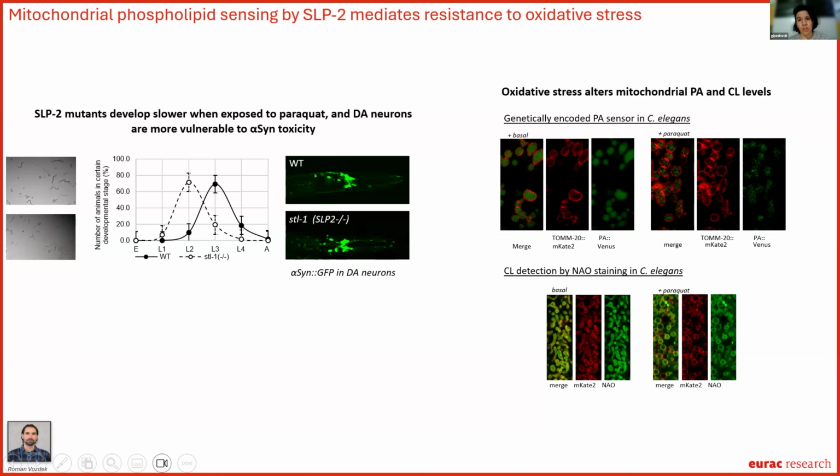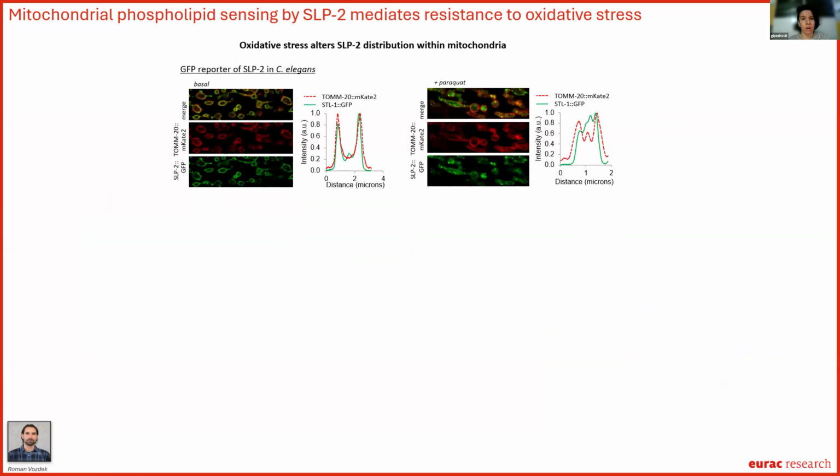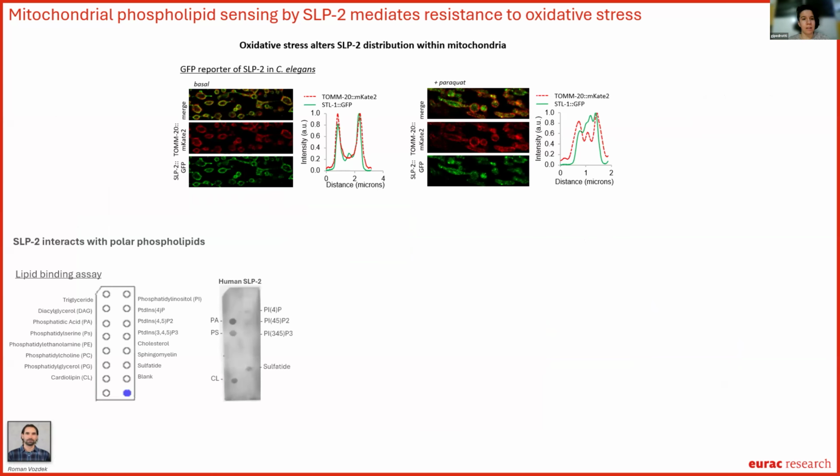This alteration in these lipids is also accompanied by an altered SLP2 distribution within the mitochondria. So there is the idea that this protein binds to these key lipids, and indeed, here you can see that human SLP2 binds cardiolipin and phosphatidic acid very well.